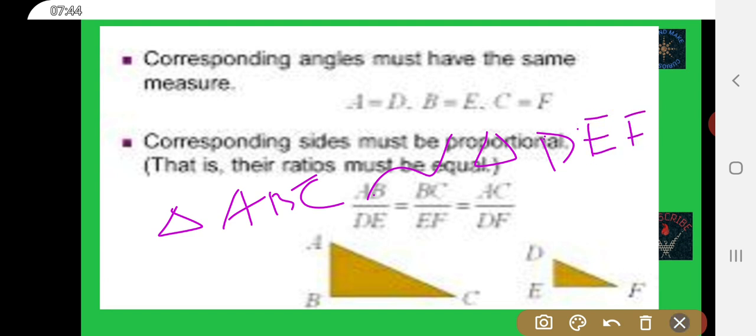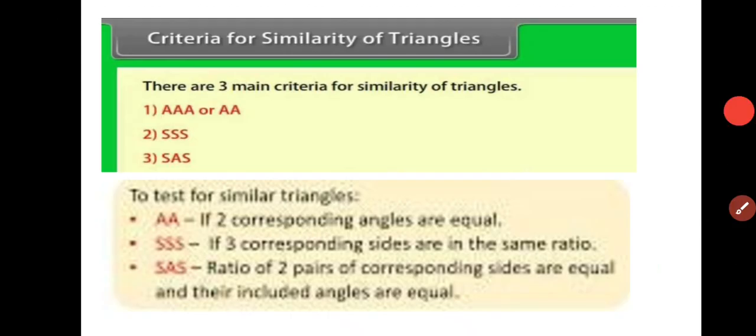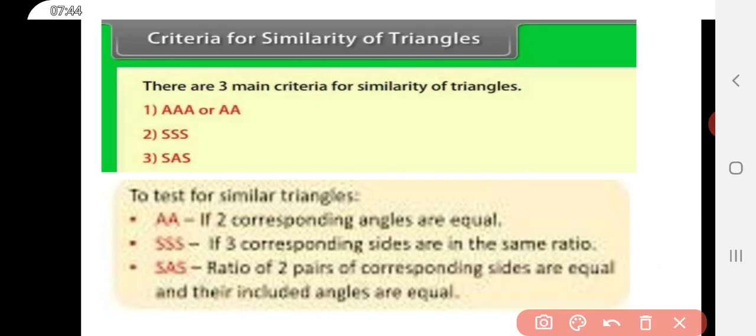Okay, next, C. Criteria for similarity of triangles. There are three main criteria for similarity of triangles. First one, AAA or AA only. Okay, so AAA means angle, angle, angle. If corresponding angles of two triangles are equal, then we can say two triangles are similar.